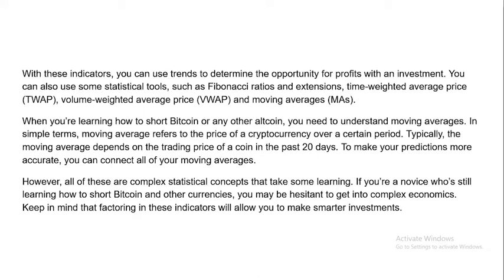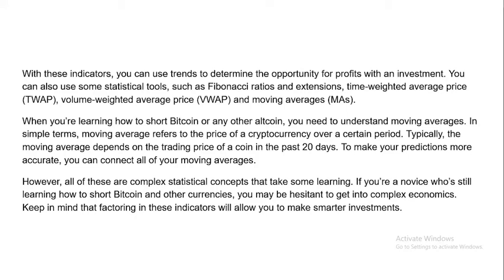You can also use some statistical tools such as Fibonacci ratios and extensions, time-weighted average price, volume-weighted average price, and moving averages. When you are learning how to short Bitcoin or any other altcoin, you need to understand moving averages.